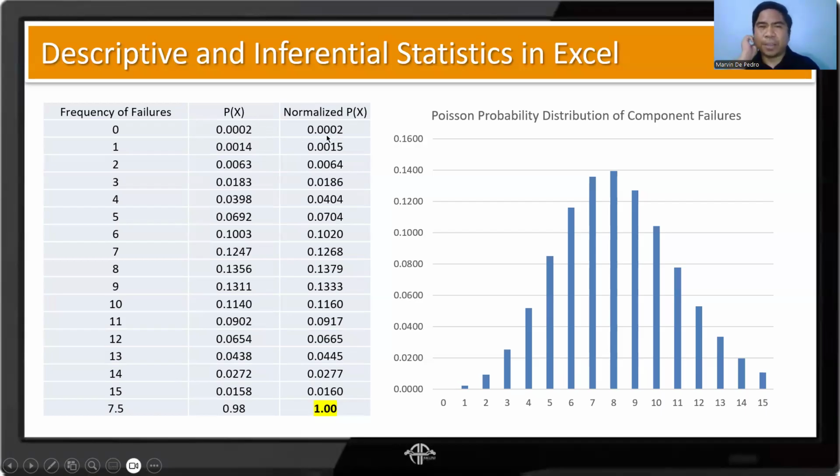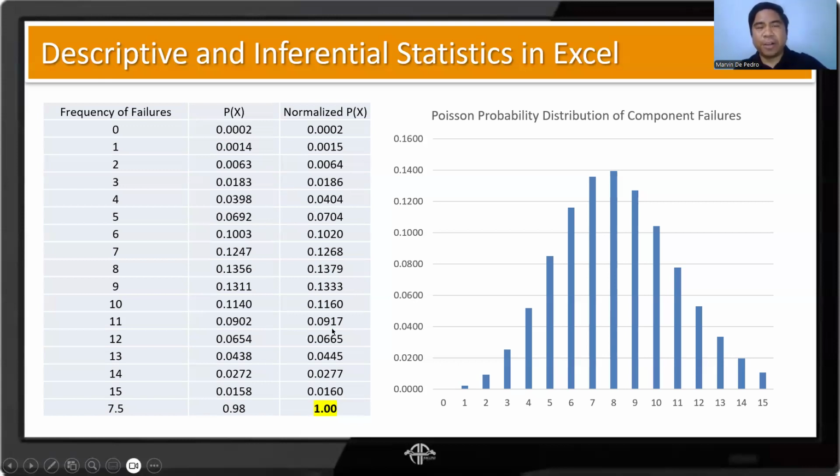I forgot the formula. Something like that, I think times 100 divided by 98. Or we just directly multiply or divide by 0.98, right? So we divide each one by 0.98. That's why it increased a bit.